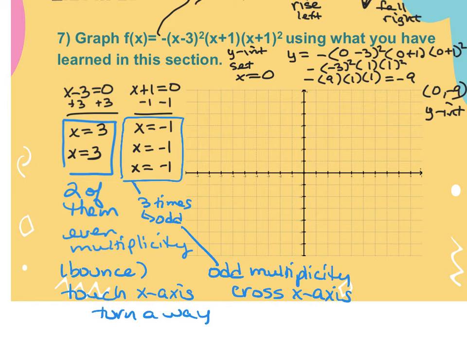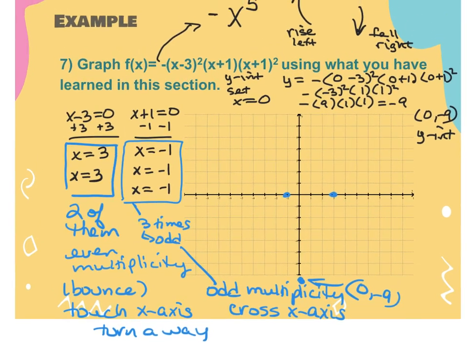So let's go ahead and add this information onto the graph and then also see which additional points we need to find. So I'm going to graph a zero at 3, negative 1, and the y-intercept at negative 9. Well, my negative 9 is somewhere down here. Let me just put it right here. We're going to say that this is the ordered pair (0, -9). Let's add in the end behavior to these 2 zeros.